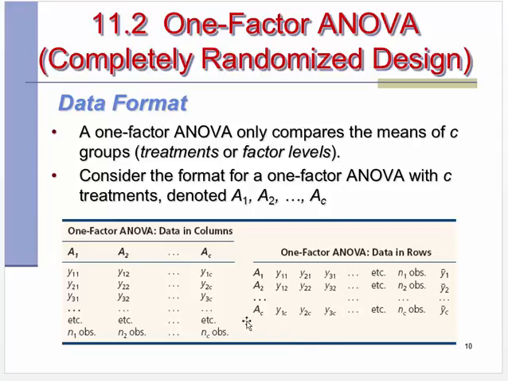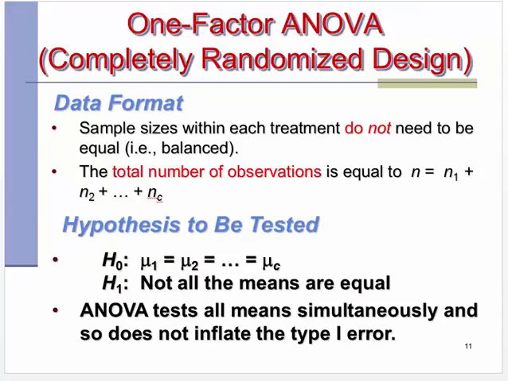You can also have the data in rows, as A1 through AC, not in columns but in rows. That's also fine. You just have to tell the software whether the data are in rows or in columns. Also continuing on data format, sample sizes within each treatment do not need to be equal, that is, balanced.